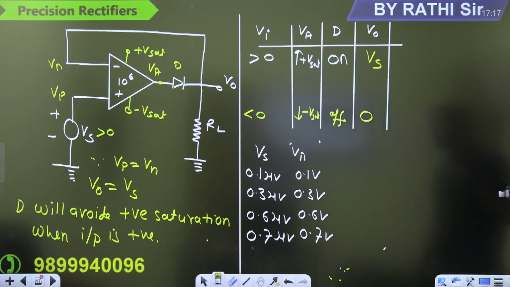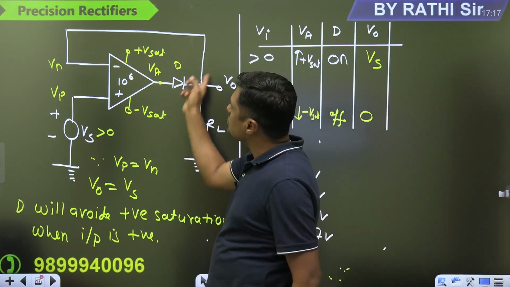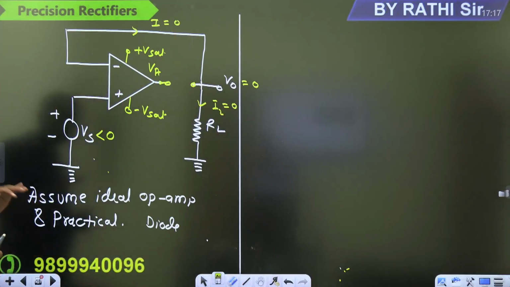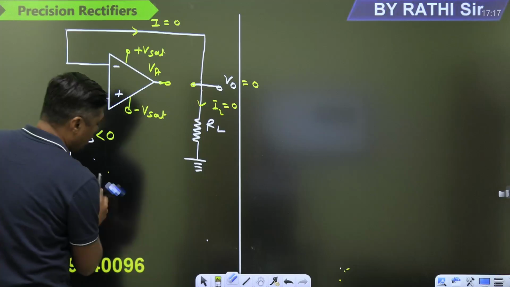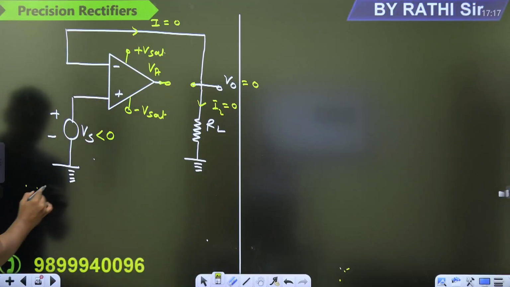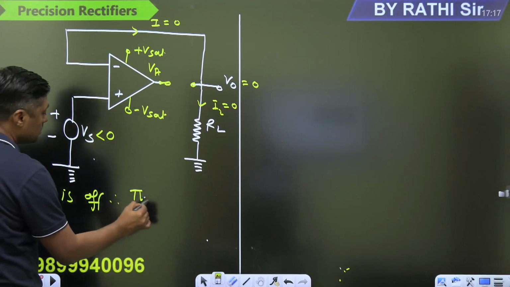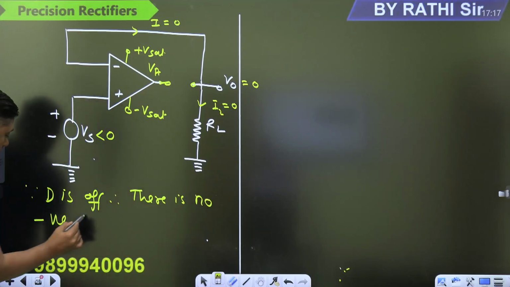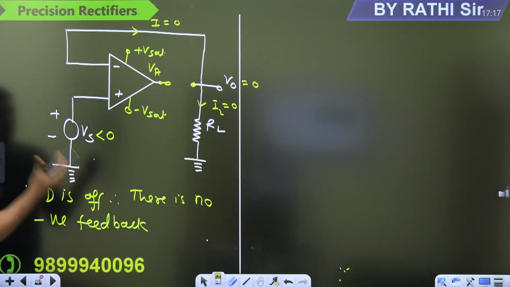So always remember that when the diode is on, there is negative feedback. When the diode is off, there is no negative feedback. When there is no negative feedback, the op-amp goes into saturation.